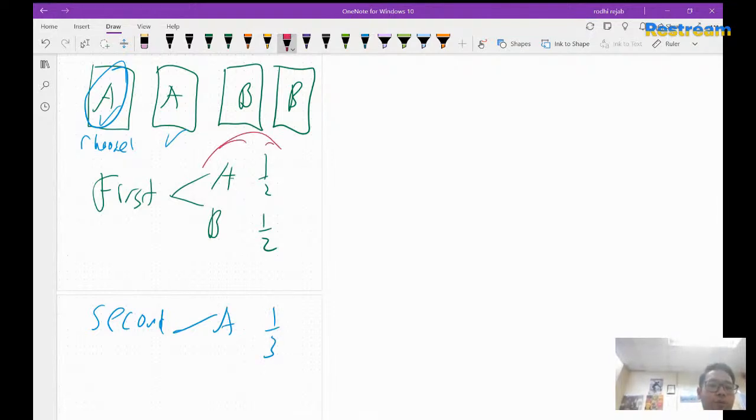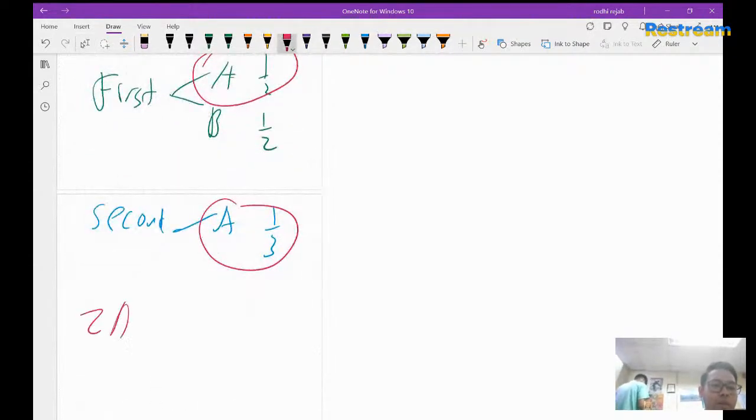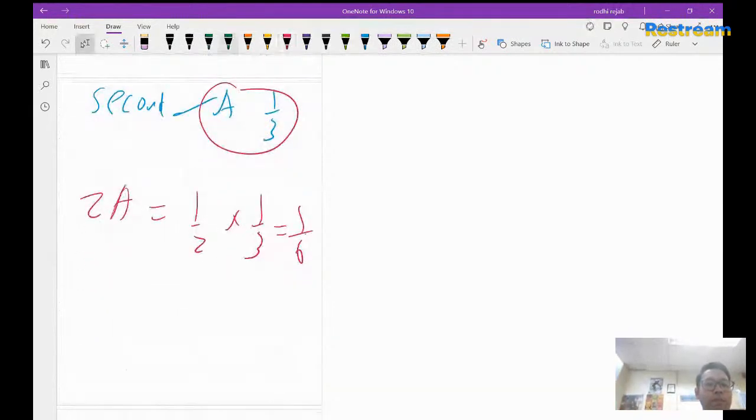So for you to get double A, 2 A's, it's actually 1/2 times 1/3. So the probability for you to get the 2 A's is actually 1/6. And the same method I can apply for 2 B's: 1/2 times 1/3 is 1/6.